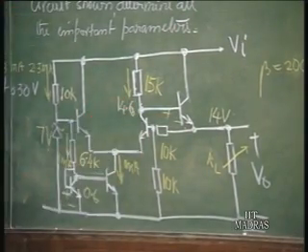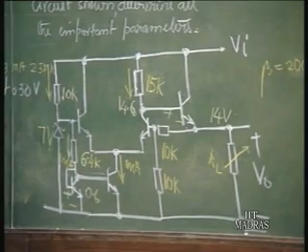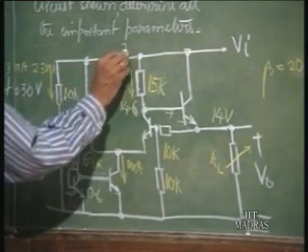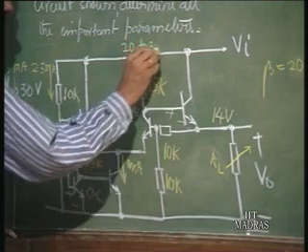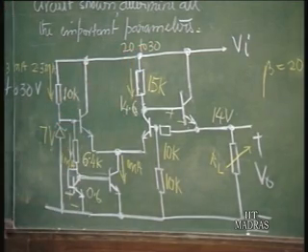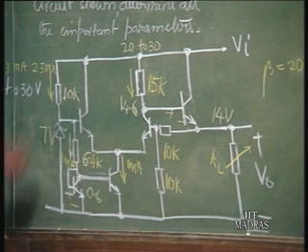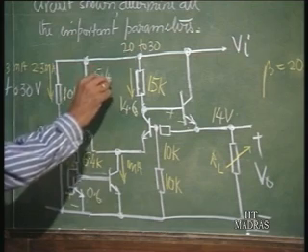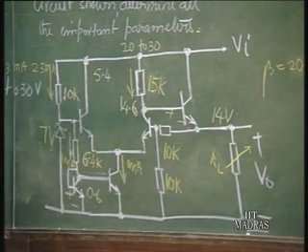So, this voltage is going to change from 20 to 30, that means this voltage across this is going to change from, let us say, 5.4 to 15.4 volts.